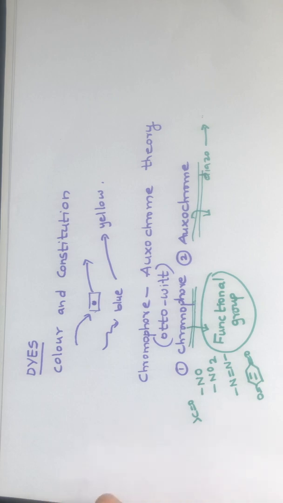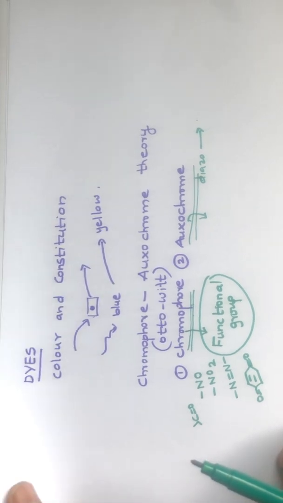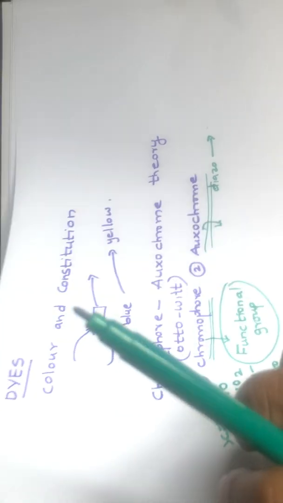Okay, now a carbon-carbon bond is not a chromophore, whereas the nitrogen-nitrogen double bond N=N is a chromophore. Presence of a chromophore is not just sufficient to give color. There is another requirement. The chromophore must be attached to a conjugated system, a conjugated double bond. I will give an example.